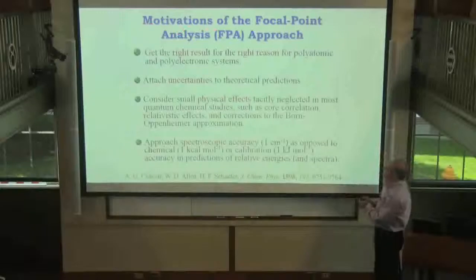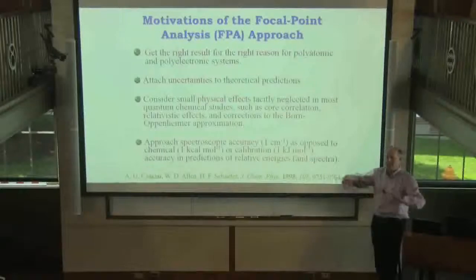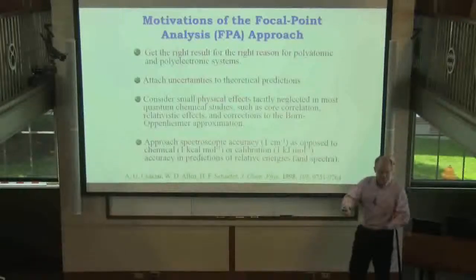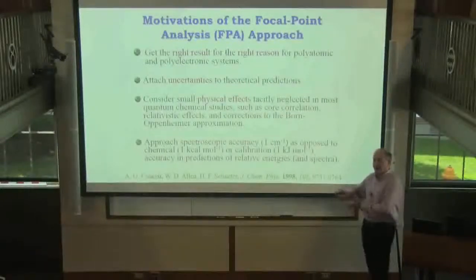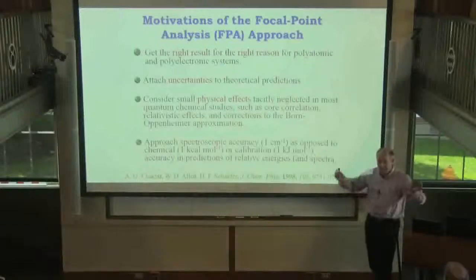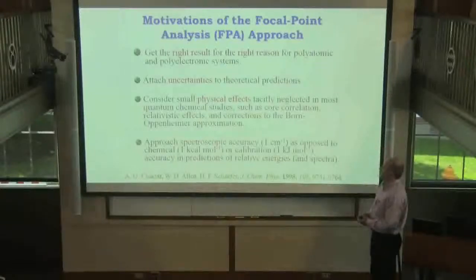So we came up with what we called at that time this focal point analysis, and we wanted to get the right result for the right reason. You know, you can have all variants. It also happened here before that you get the right result for the wrong reason. You improve your theory and get away from good experiment.